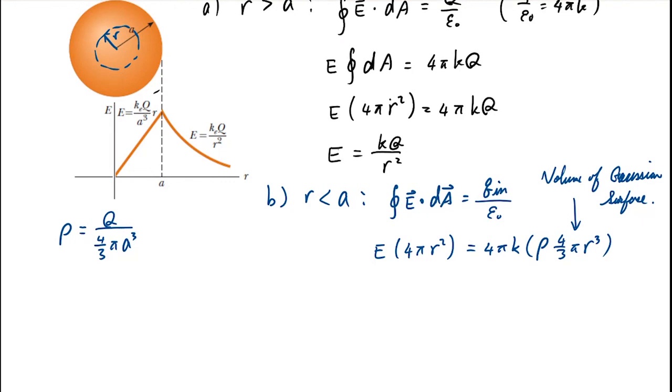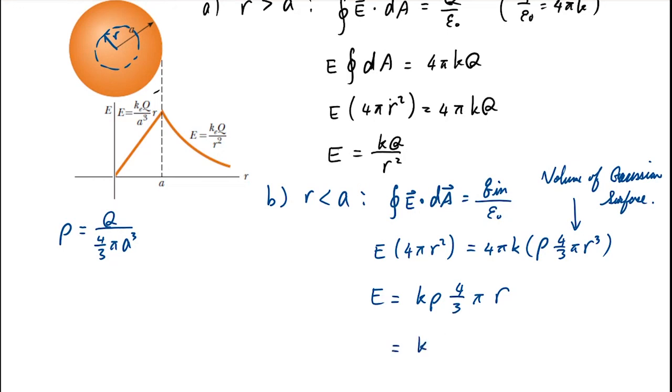Say yes. Okay. Divide both sides by 4 pi r squared. So 4 pi cancels out, and r cancels out. So what we have is k rho, and I'm going to keep the 4/3 pi and r. Now I'm going to substitute this rho.